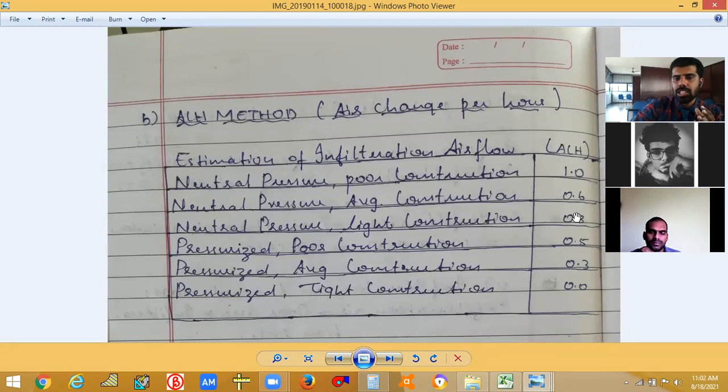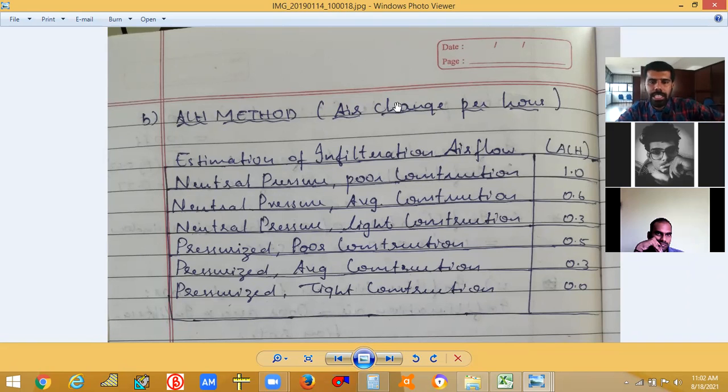Neutral pressure, tight construction, it is 0.3. Pressurized poor construction is 0.5, pressurized average construction is 0.3, pressurized tight construction is 0, which means it is tightly sealed, and no infiltration will come into that particular room.